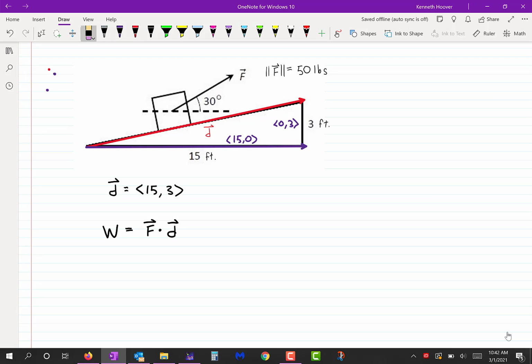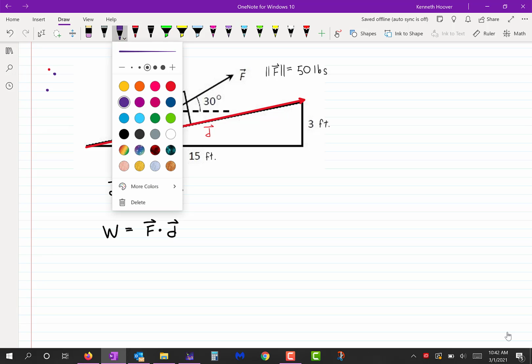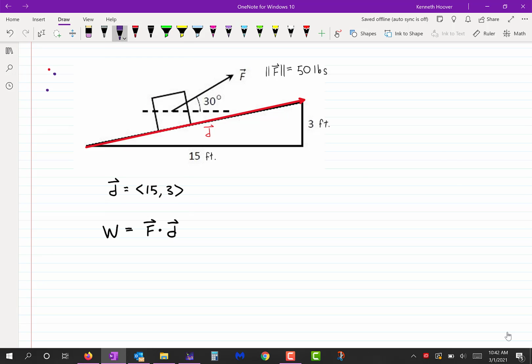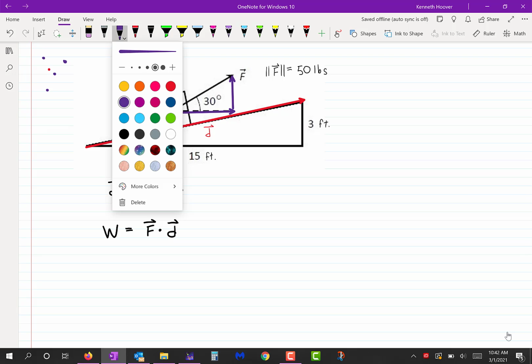Now, let's find the vector F. Let's break that up into its horizontal and vertical components, just like we did for D. We're going to do the same idea. Okay, there's the horizontal component. There's the vertical component. Okay, now what are those two?